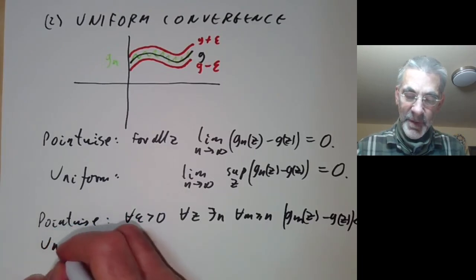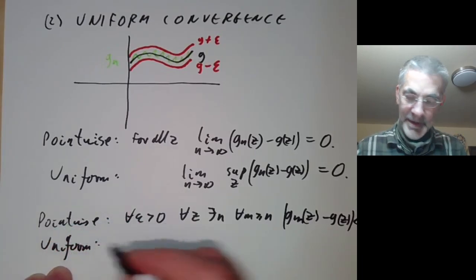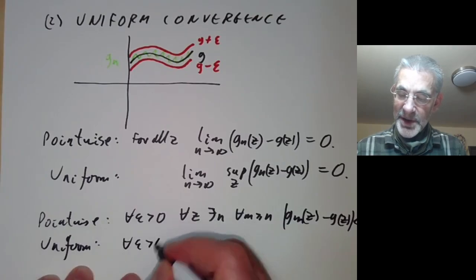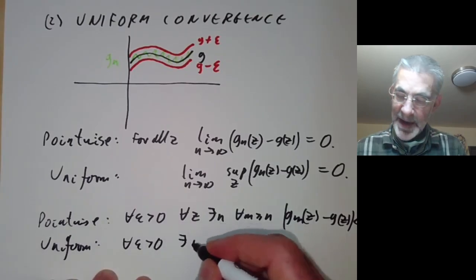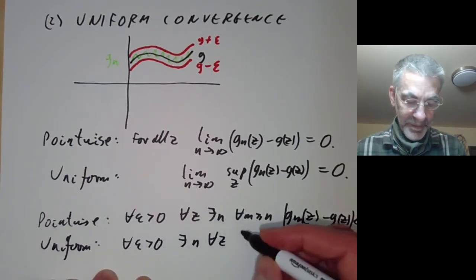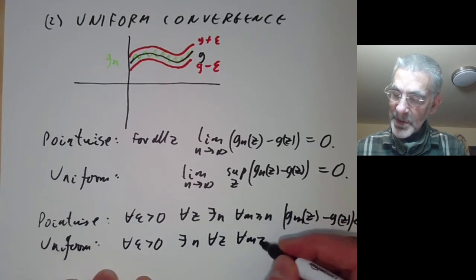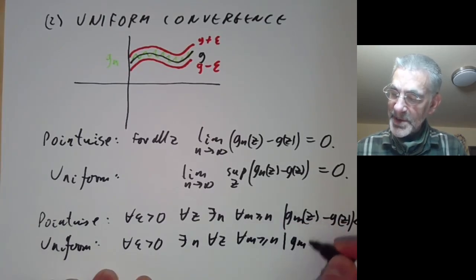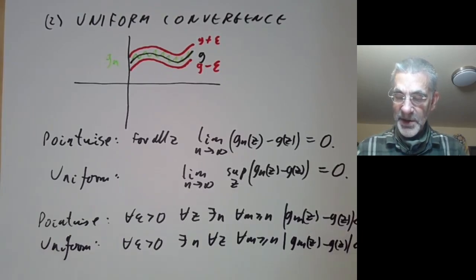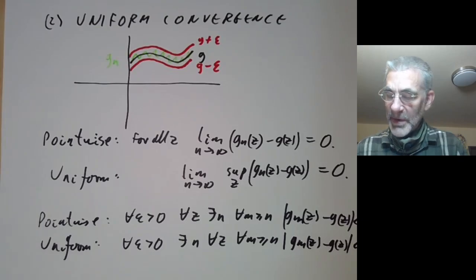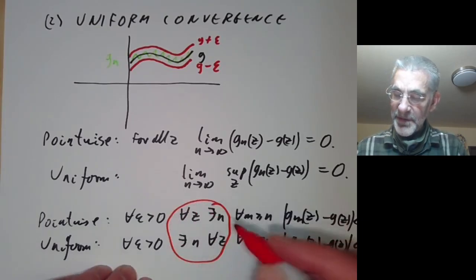And uniform looks like this. It says for all epsilon greater than 0, there exists an n such that for all z and for all m greater than or equal to n, we have |gm(z) minus g(z)| is less than epsilon. So you see there's a difference that we've flipped the order of these two quantifiers.